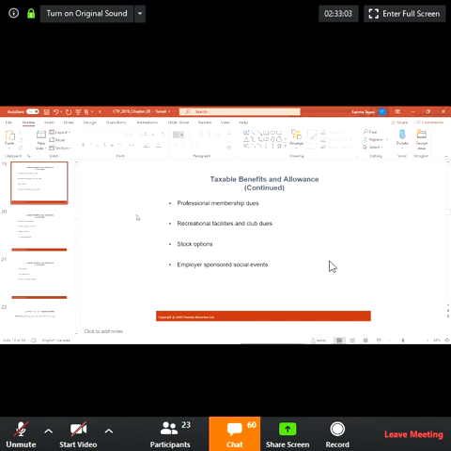Employer-sponsored social events. If an employer provides a free party or other social events to all their employees and the cost is $150 per person or less, then it's not considered a taxable benefit. Additional costs such as transportation home, taxi fare, and overnight accommodation are not included in the $150.